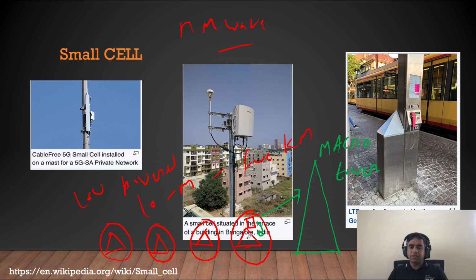For the data plane, it can use this. And when this endpoint moves, let's say it comes to this circle, it connects with this cell while keeping its connection intact with this macro tower. And the same goes when it moves to the third or fourth small cell. So that's the advantage, as you see, with the small cells along with the dual connectivity.